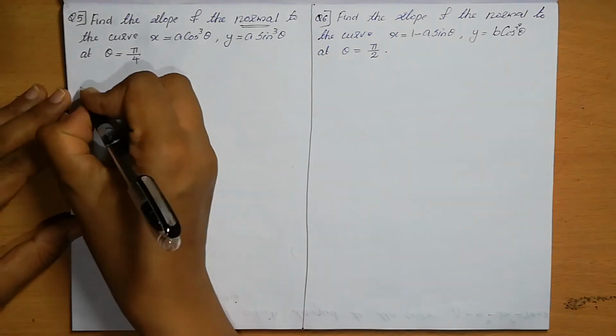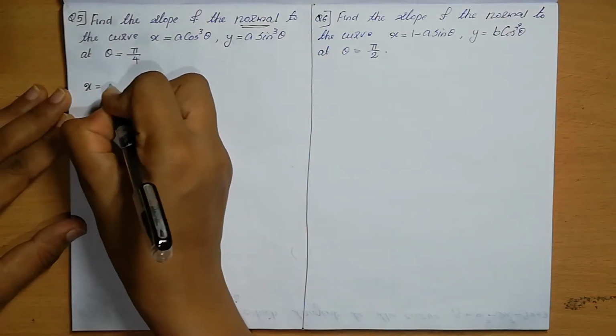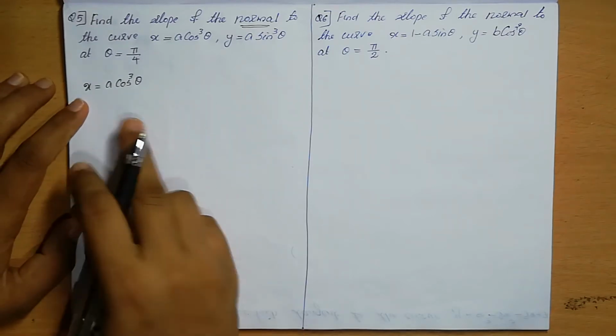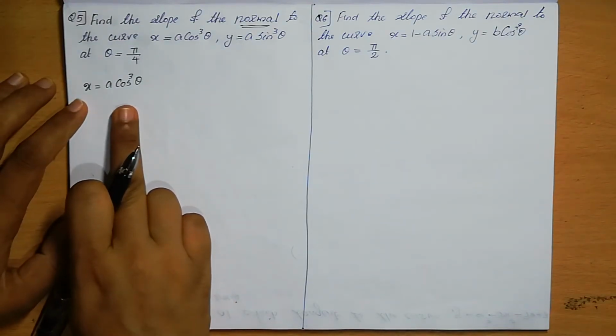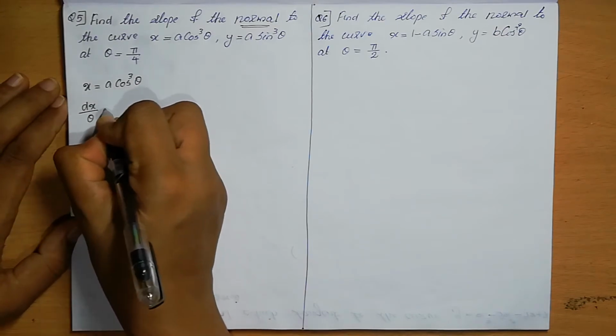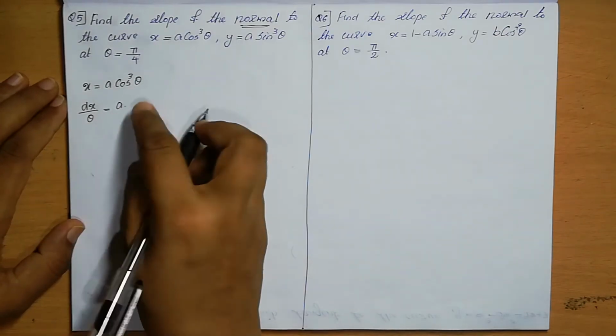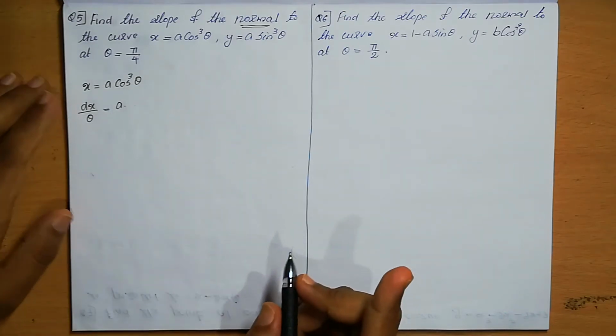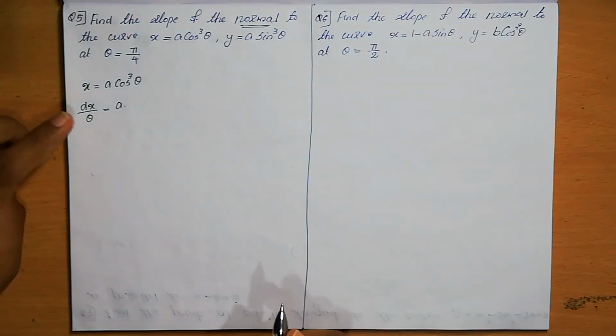After that we can find the value of dy by dx. So first, given x equal to a cos cube theta, we can differentiate this with respect to theta. That means dx by d theta equal to a, which is a constant. This is in the form of x power n, and the derivative of x power n is n into x raised to n minus 1.